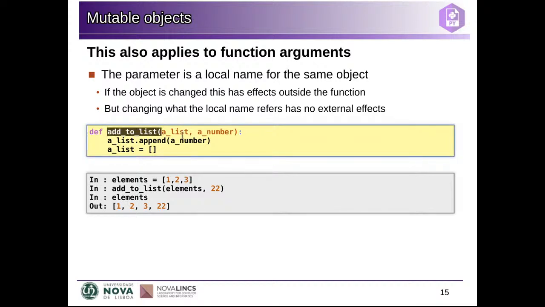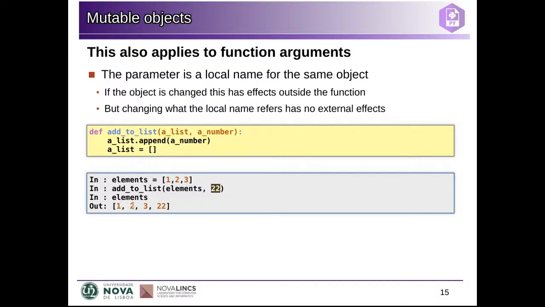For example, this function receives a list and a number and uses the append method to append a number to the list. And then it puts on the a_list variable a new list that is empty. What happens if we start with the list 1, 2, 3 and then call add_to_list with this list elements and 22?